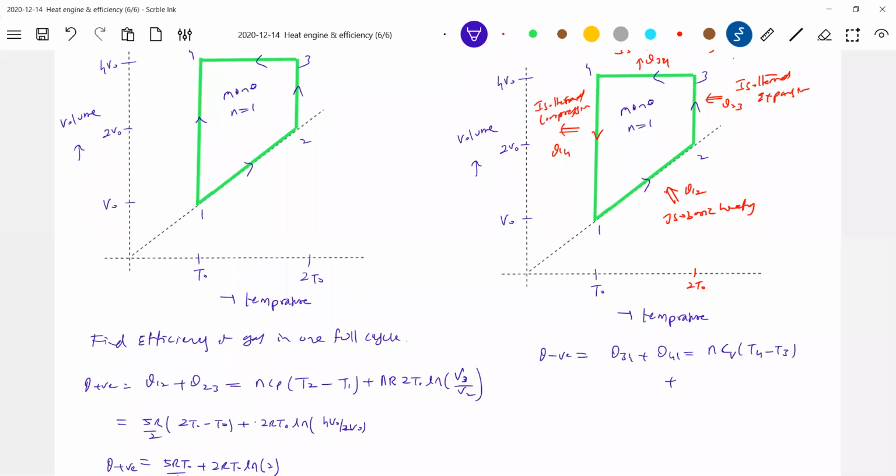Q41 is nRT0 ln(V1 by V4). Number of moles 1, 3R by 2, times T4 minus T3, so minus 3R T0 by 2.